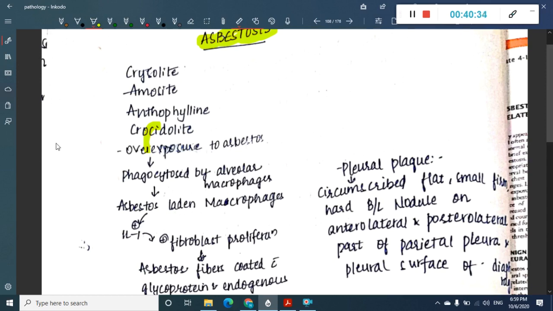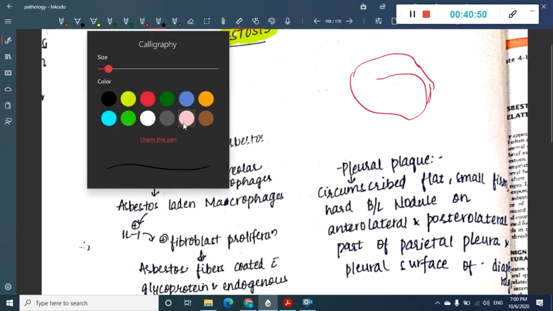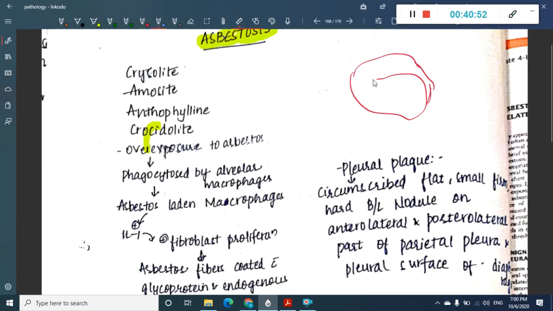So what does this asbestos laden macrophage mean? This means that if this is the macrophage which is present, inside this macrophage you can see the asbestos granules or crystals. So these are asbestos laden macrophages.